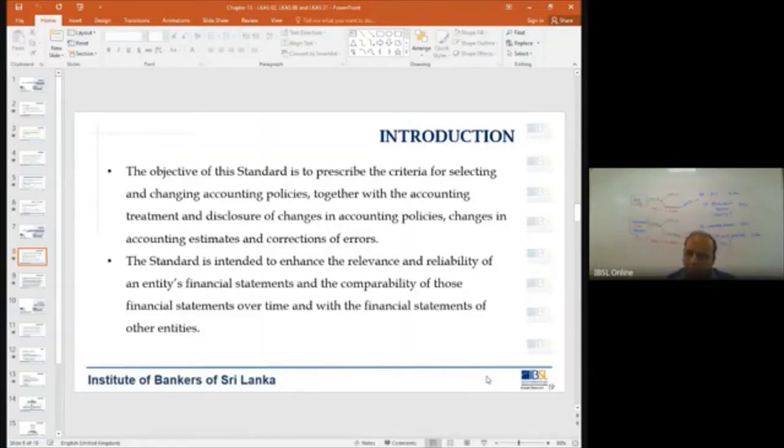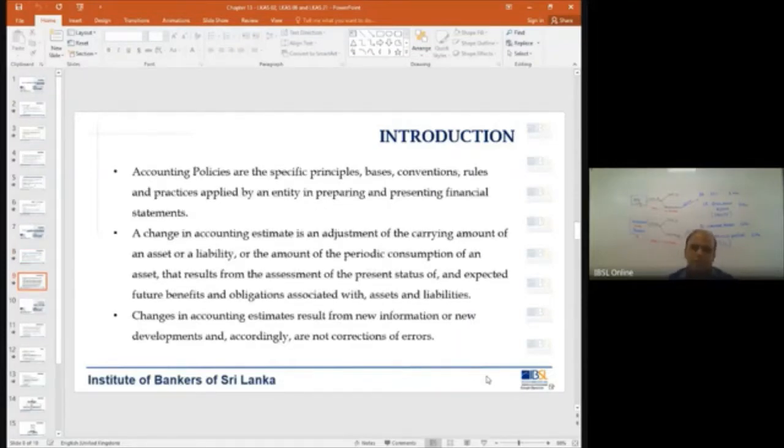It should be relevant, it should be reliable, and it should be comparable. So these factors have to be captured in your financial statements over time and with the financial statements of other entities. Otherwise, what will happen? You may not be able to compare these financial statements with another company if you don't maintain relevance, reliability, and comparability.